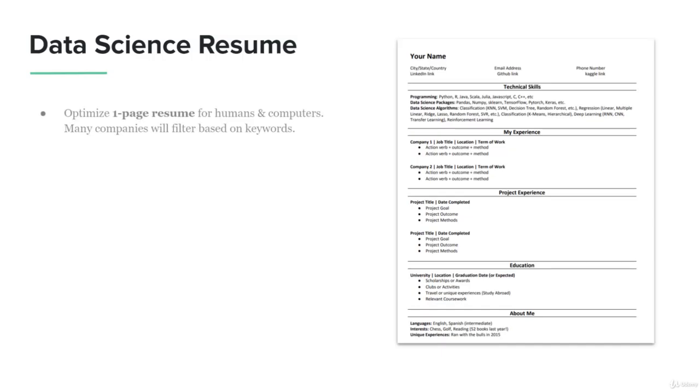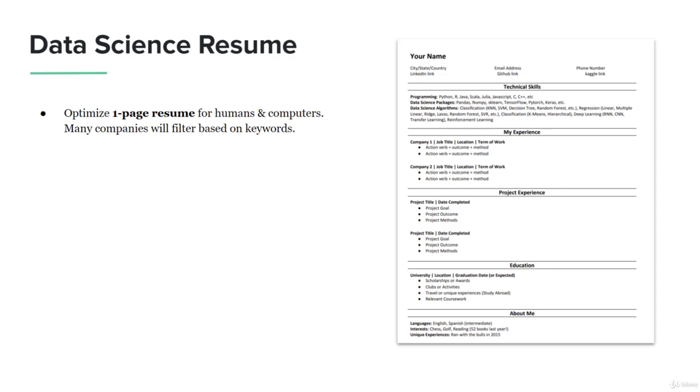Okay, so with the data science resume, you want this to be a one-page resume for humans and computers, okay? Because when you're submitting your resume to these different positions, oftentimes, the majority of times actually, it's going to run through an algorithm, right?